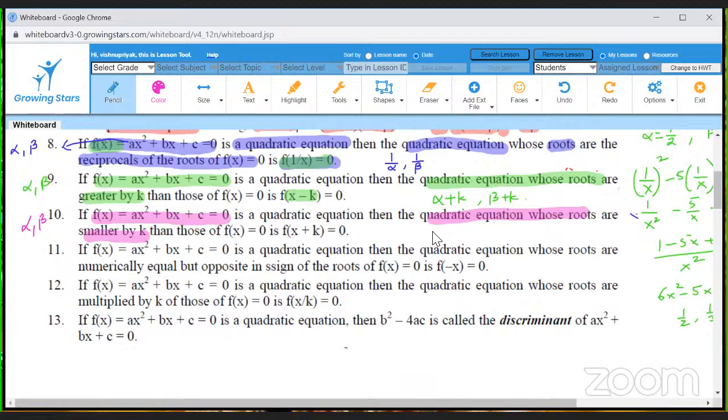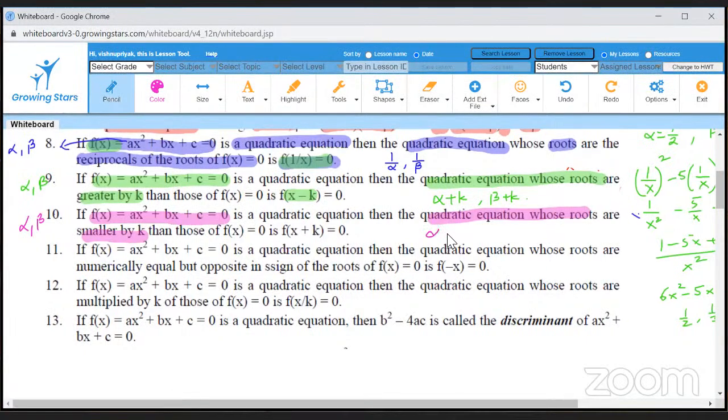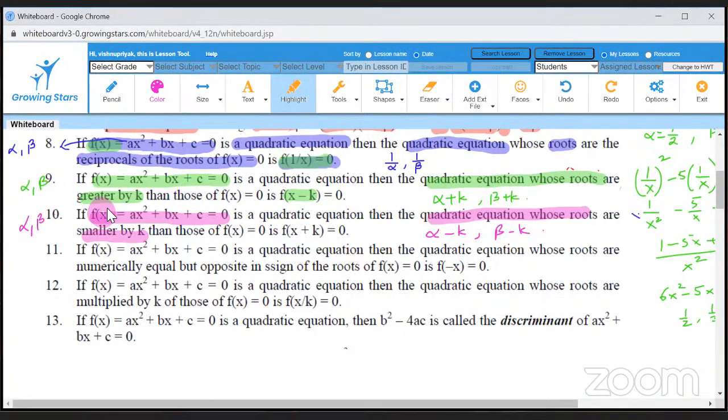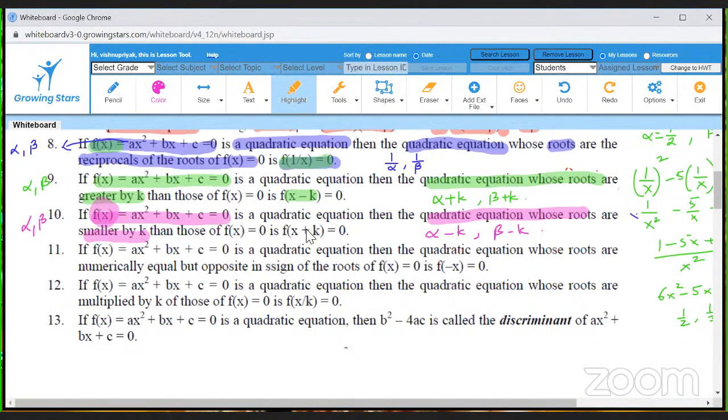So the new quadratic equation's roots will be k lesser than alpha and k lesser than beta. Then how will you get the new quadratic equation? The same function you have to take, but x you have to replace by x plus k. The concept is the same.